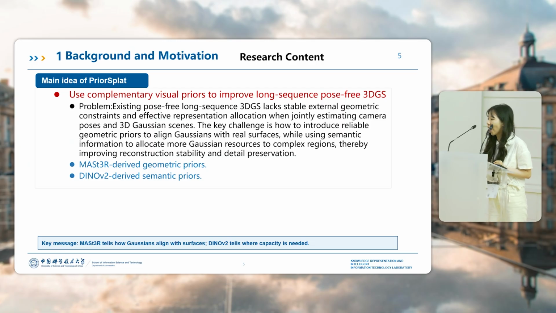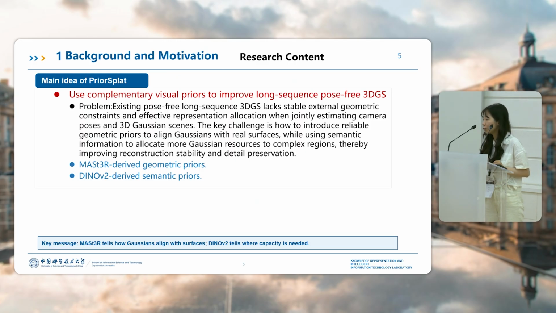This is the main idea of PriorSplat. We introduce 2 complementary visual priors into a long-sequence pose-free 3DGS pipeline. MASt3R provides geometric priors. It tells us how Gaussians should align with the underlying surface.